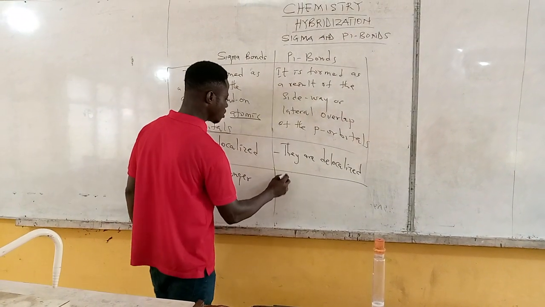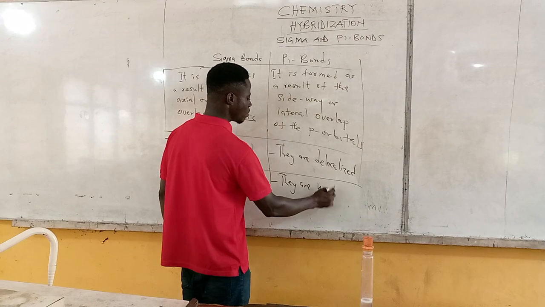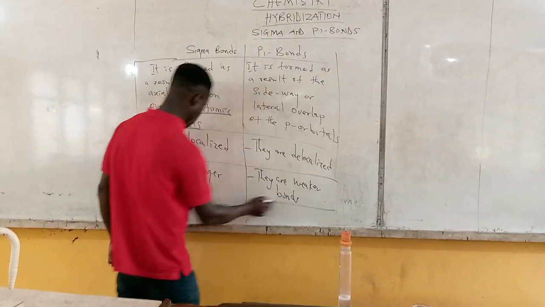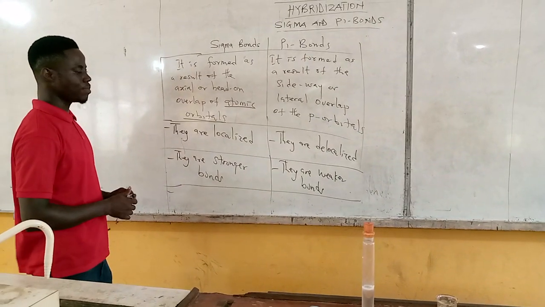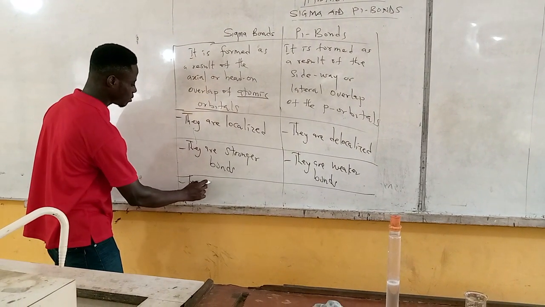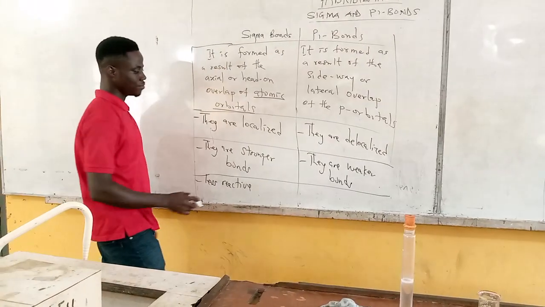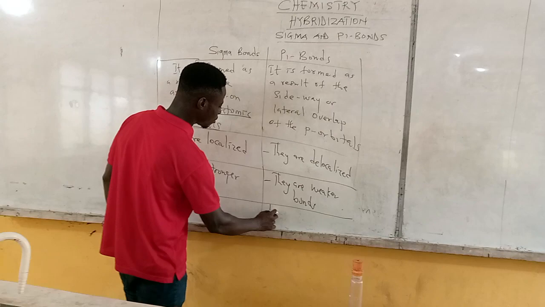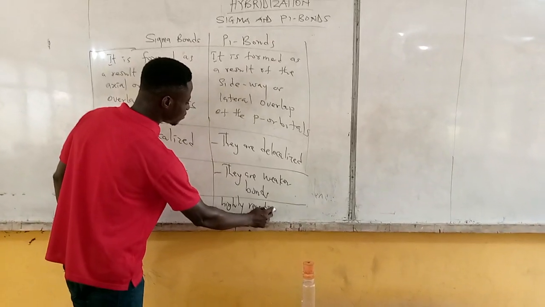And the pi bonds are weaker bonds. We can also say from this concept that sigma bonds are less reactive, whilst pi bonds are highly reactive.